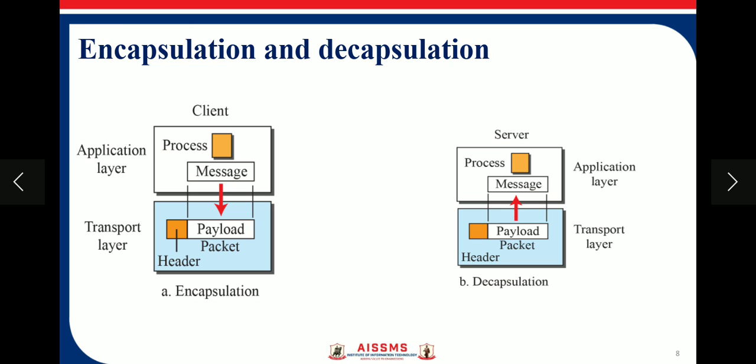When the message arrives at the destination, the transport layer header is dropped and the transport layer delivers the message to the process running at the application layer. The sender socket address is passed to the process in case it needs to respond to the message received.